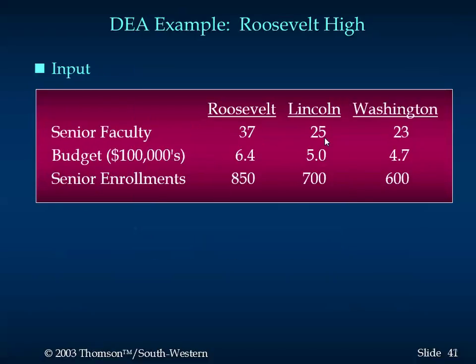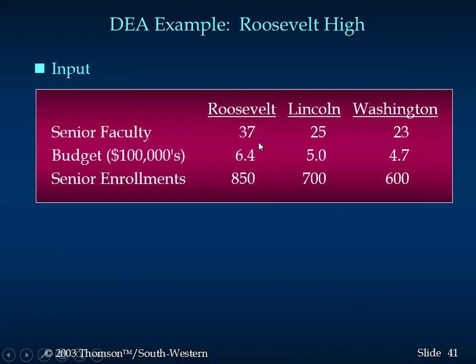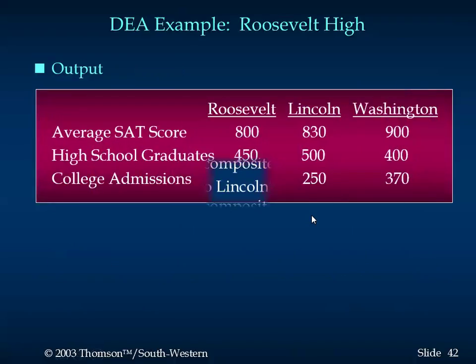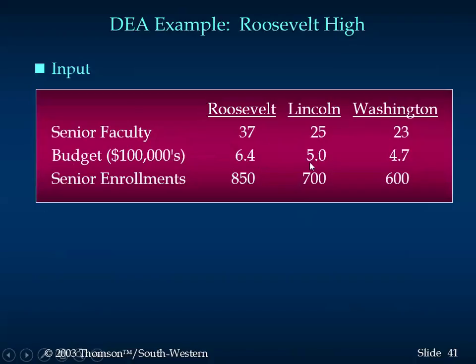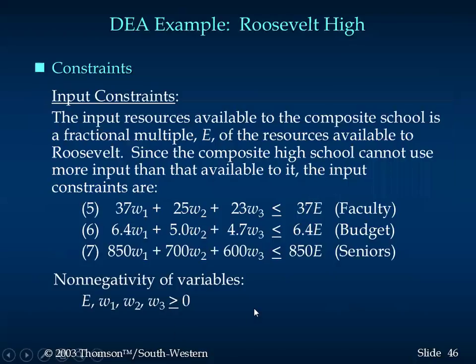So 37 W1, 35 W2, and 23 W3 should be less than or equal to the target input, 37 times E. Similarly with the others: 6.4 W1, 5 W2 plus 4.7 W3 less than or equal to 6.4 E. And then 850 W1, 700 W2, 600 W3 less than or equal to 850 E. All right, so that's done. And of course, non-negativity. So let's see the output.